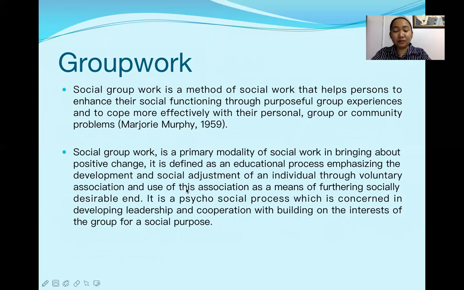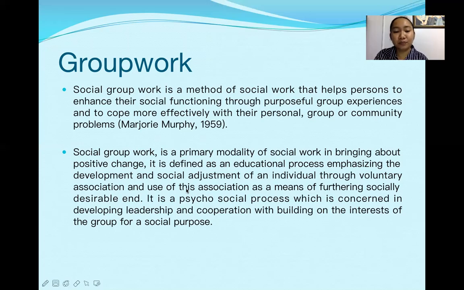Although this also does not mean that there is no sense of being spontaneous, because it will still come differently among the individuals in the group, because we want to help them cope more effectively with their personal, group, or community problems.